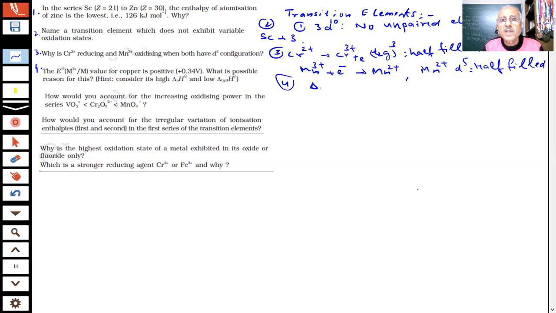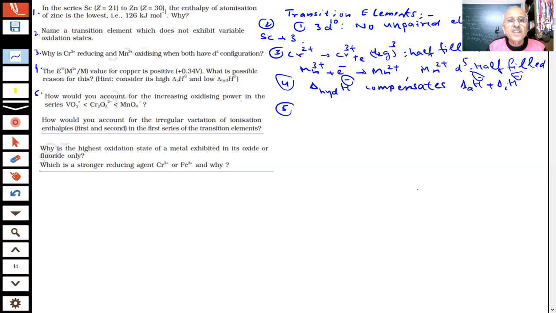In other words, delta hydration H compensates delta atomization plus delta ionization. Okay, next question.